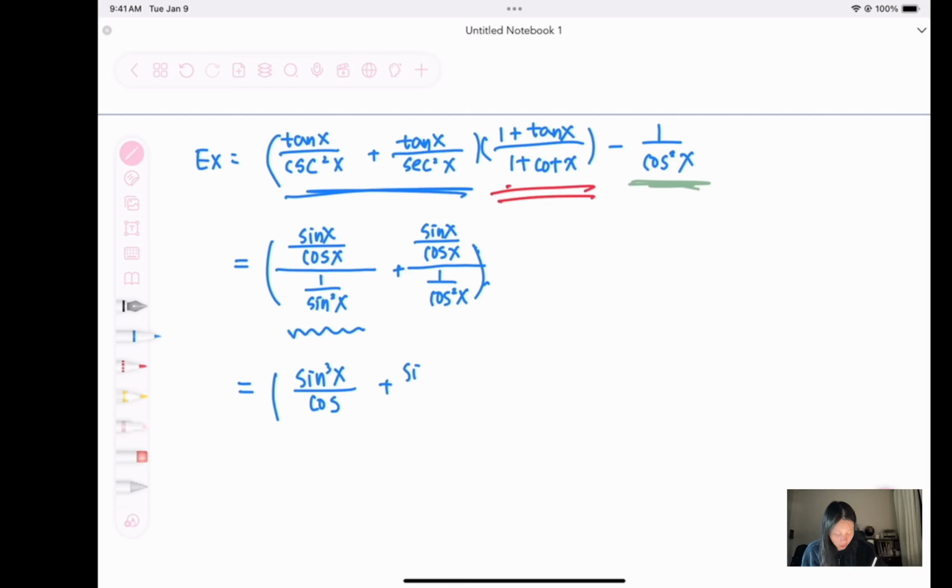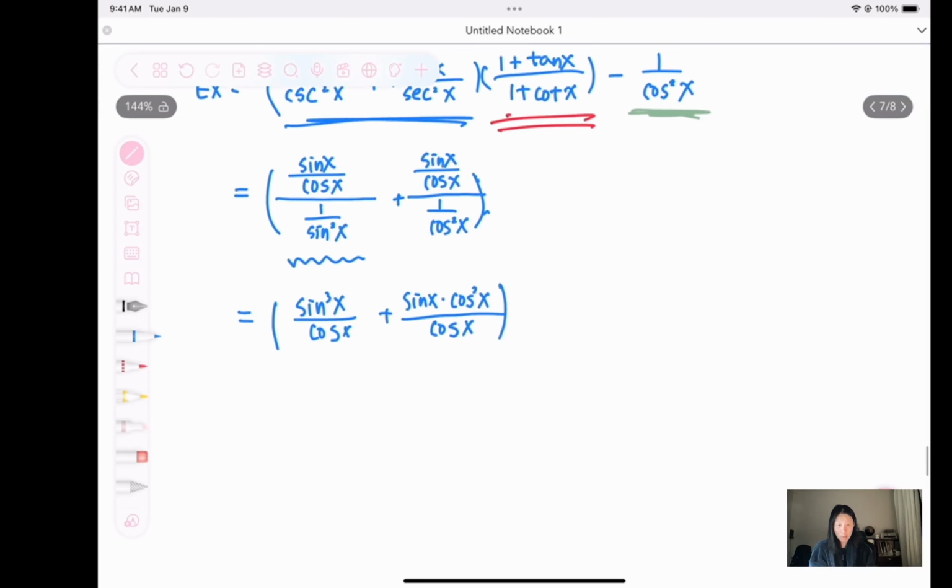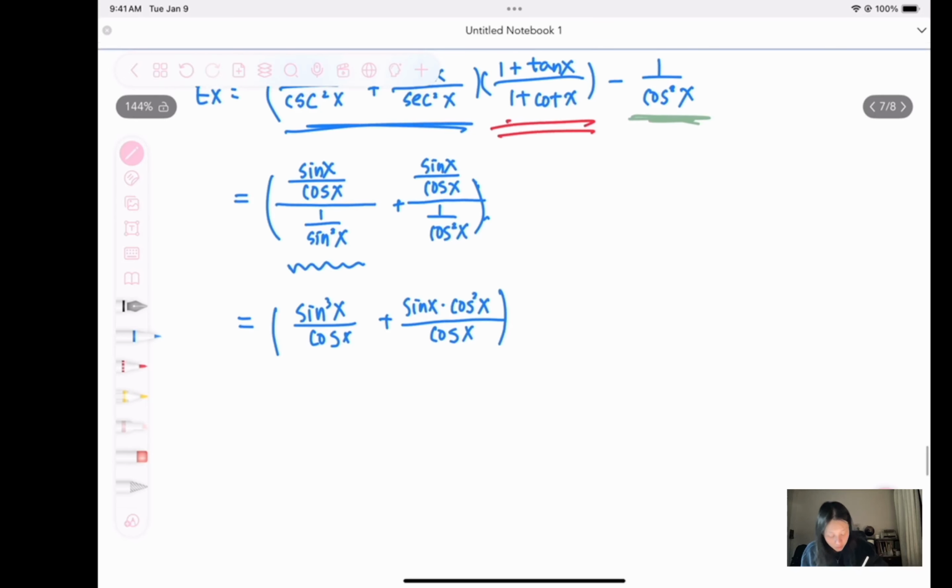I have sine x times cosine square over cosine x. Okay, that looks a little bit nicer. And since they have a common denominator, we can put them together with sine cubed plus sine and then cosine square. Well, it's getting nicer now.